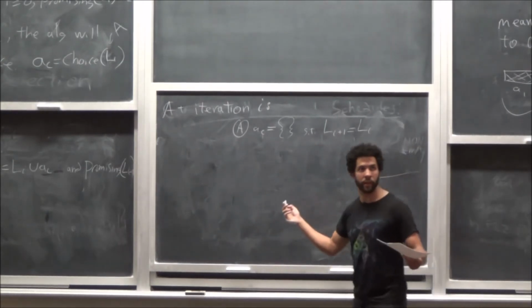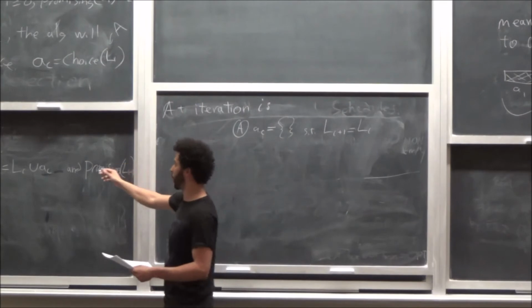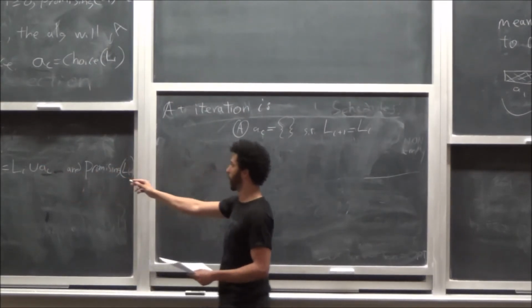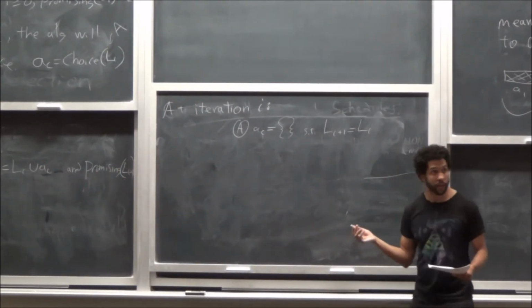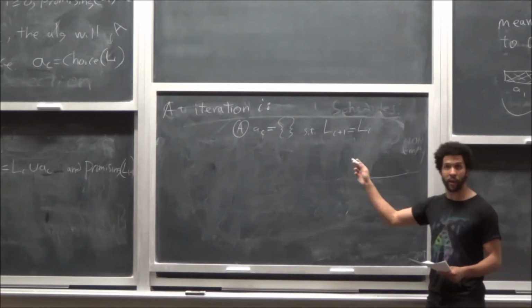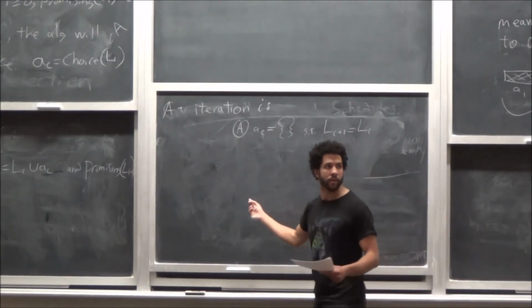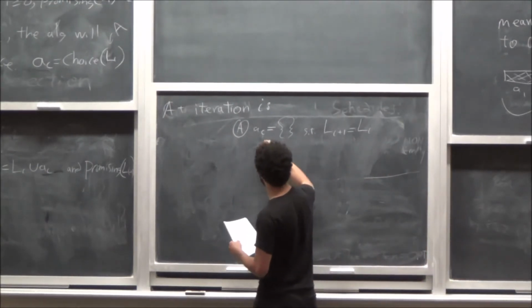It's trivial, right? Because we already know we have the optimal property, so the step before, at Li, we were already promising. We've assumed that. If we add nothing to the set, it's still promising. Right?